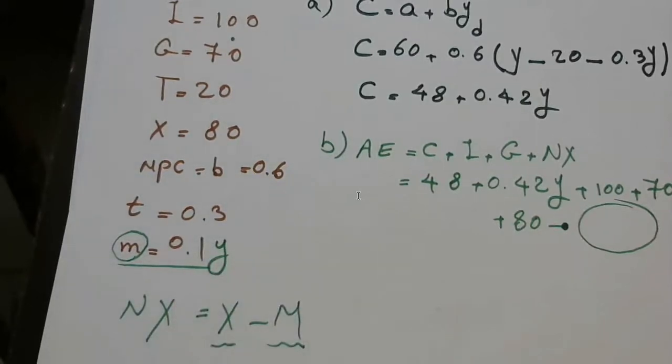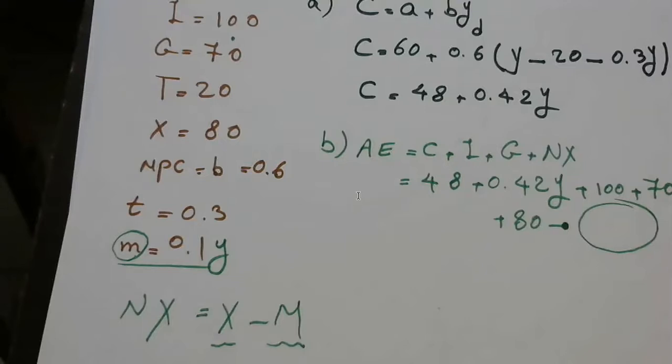Autonomous M and induced M, what does it mean? In a country, when we want to import a product, some of the products are necessary products that the country is not producing. So no matter how much the GDP of that country is, we have to import. For example, a lot of countries don't produce rice, and rice is the main food, so if they don't have sufficient rice, they have to import, no matter whether the country is rich or not.